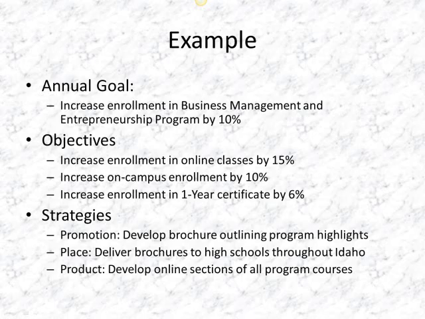And developing online sections of all program courses ties directly back into the purpose of being able to help students in a global society. So that way they're not place-bound. And each one of these items ties up to that upper level until you reach your annual goal, or at least I hope I will.